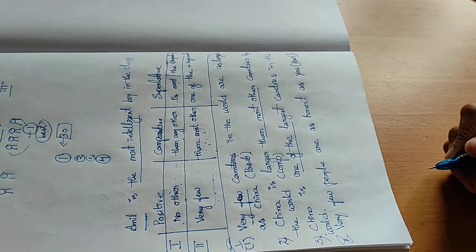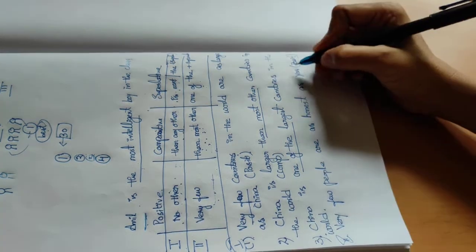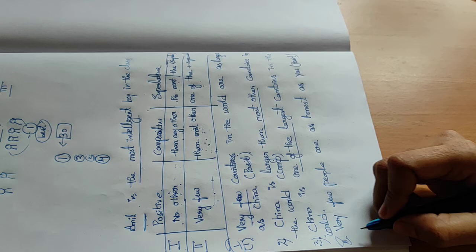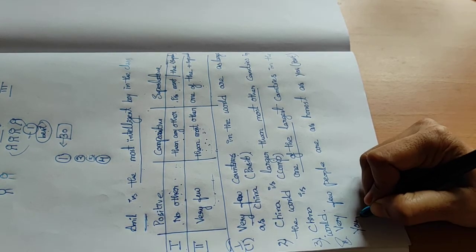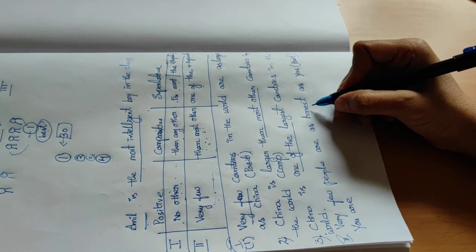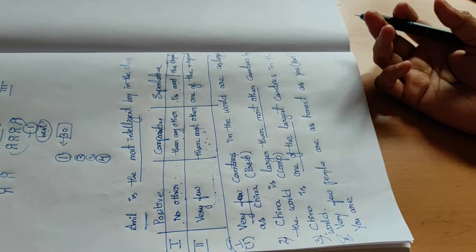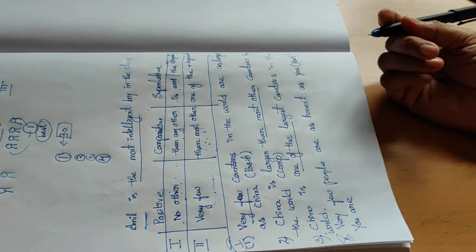Then how do we write the comparative form? Here you is the subject. You are, what is the comparative form of honest? More honest. Most honest is the superlative form.